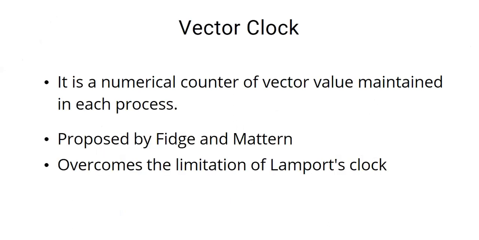The vector clock, like Lamport's logical clock, is a numerical counter, but here a vector value is maintained, whereas in Lamport's clock the value was a scalar value.